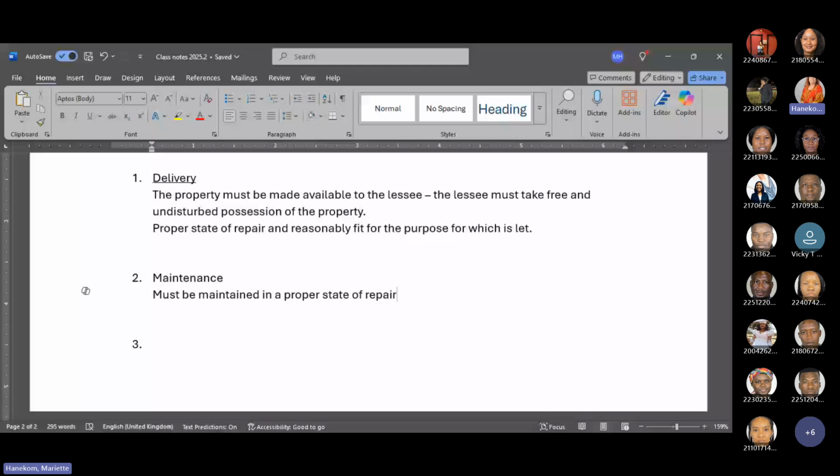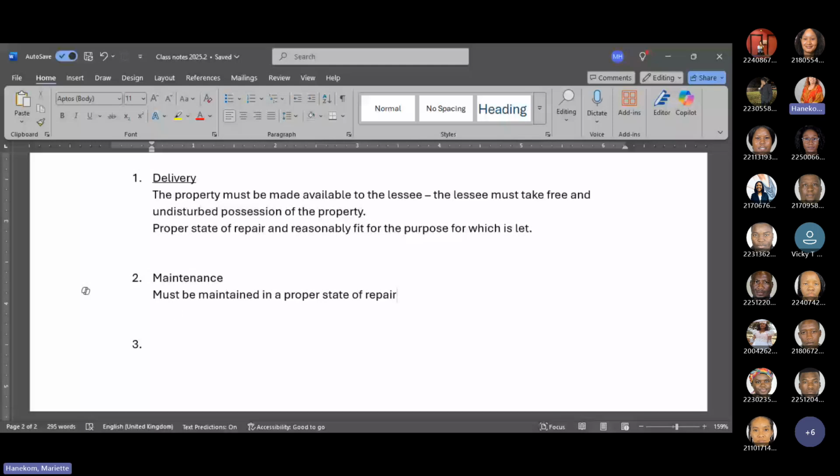Now, just remember here that before you all get excited or angry and end up running to your respective landlords tonight and telling them, but Ms. Hanekom says, Ms. Hanekom also said at the beginning of the class, these duties are natural legal consequences and they can be changed.